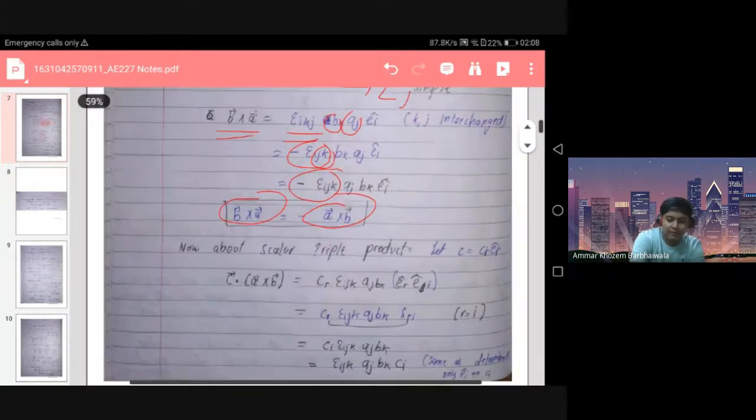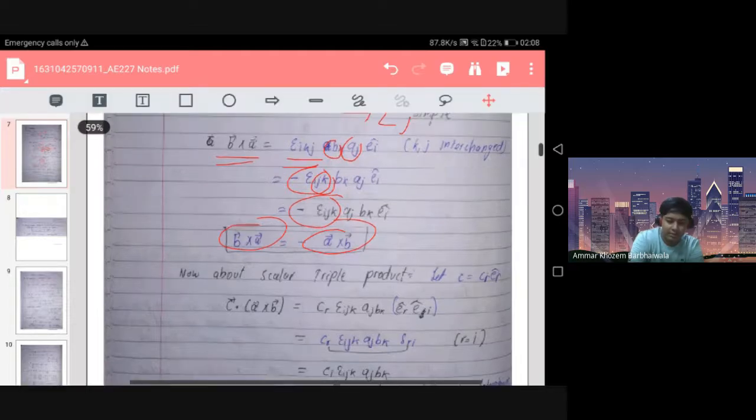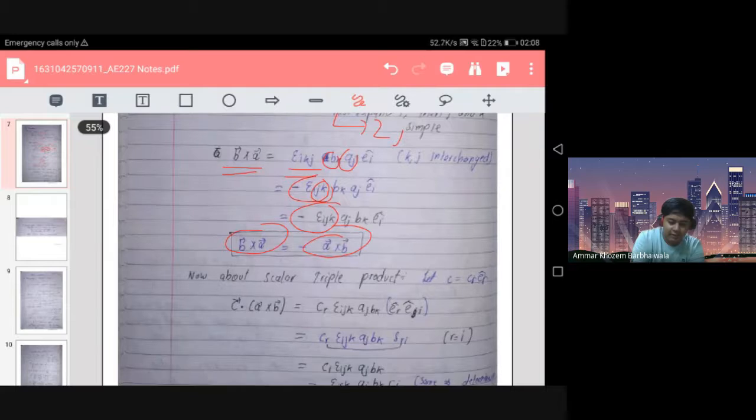There is also the scalar triple product, which we can write in terms of this: c vector dot a cross b vector. We know that a cross b is epsilon ijk aj bk ei cap. I can denote the c vector by cr er cap. Here cr is a constant, and epsilon ijk aj bk is also a constant.